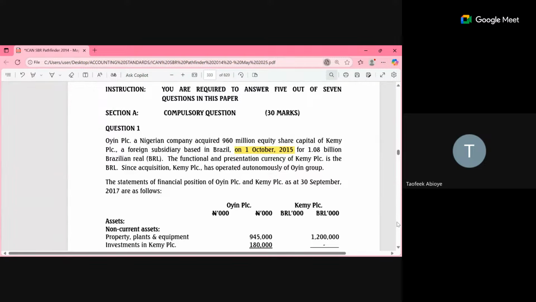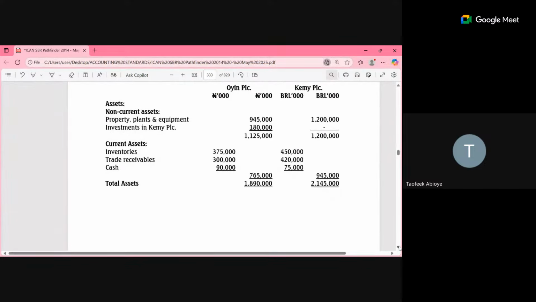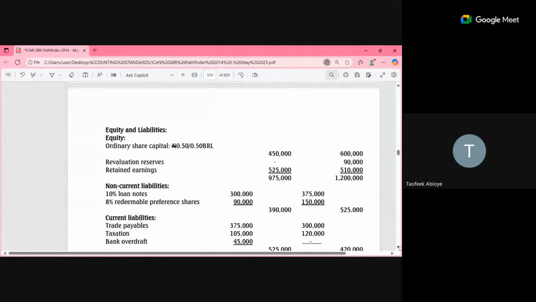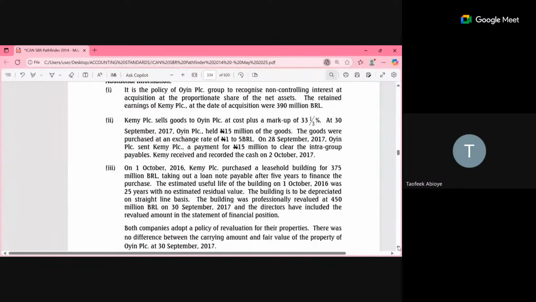Then they give us the financial statements of the two companies: all the assets and the liabilities, the ordinary shares. The nominal value of the shares is 50 kobo for both companies, the revaluation reserve, retained earnings, and the likes. Now let's look at the additional information together.